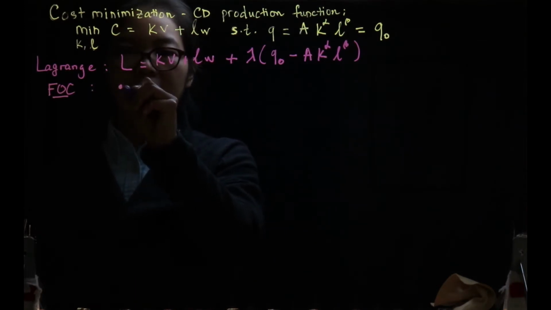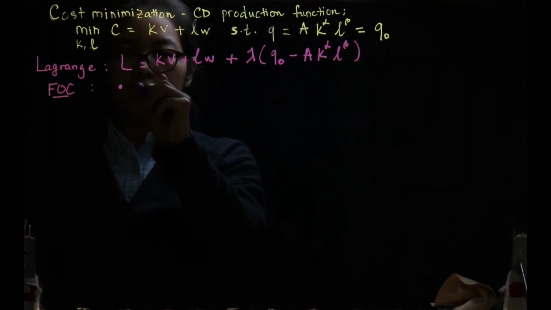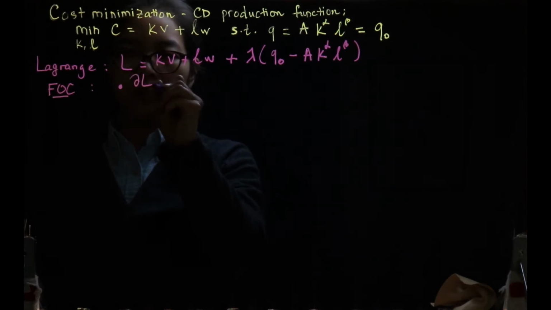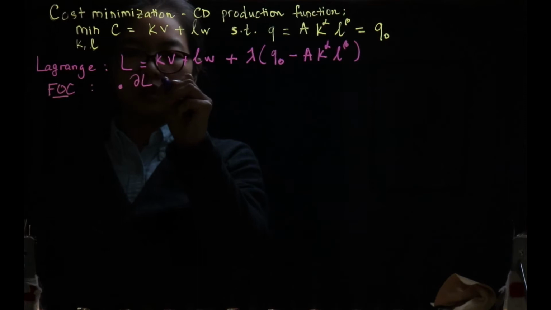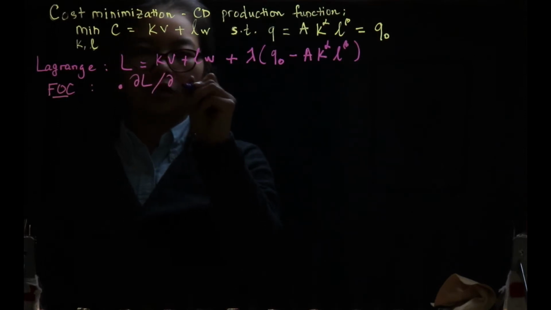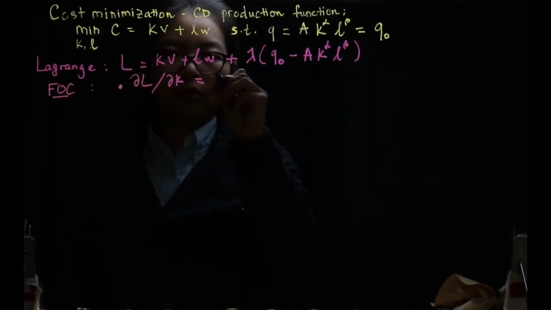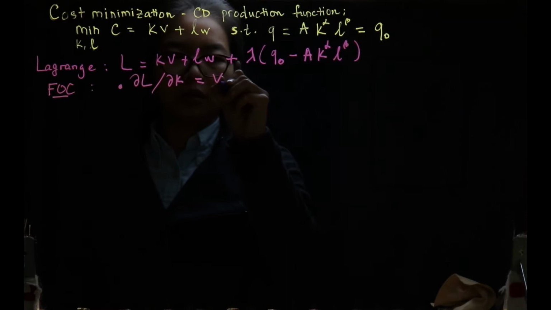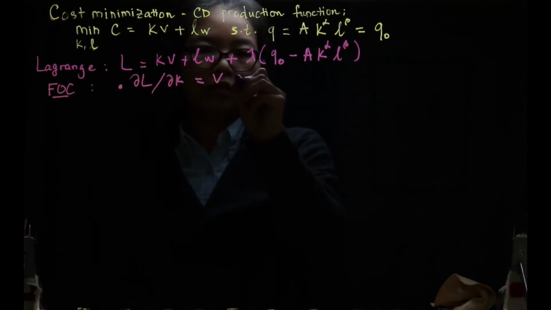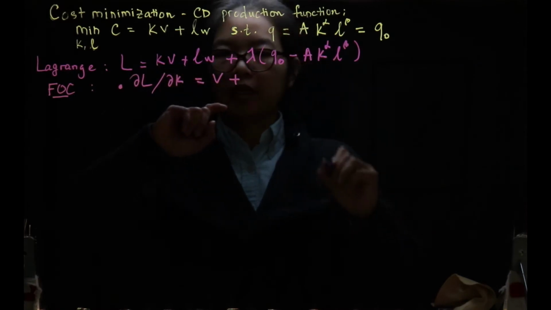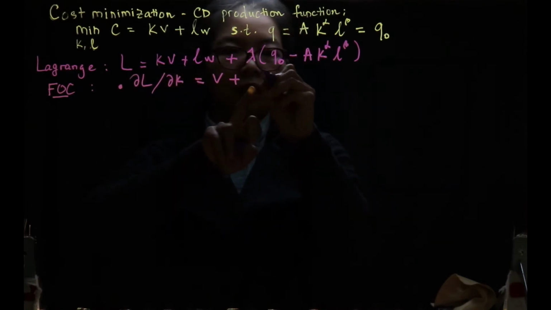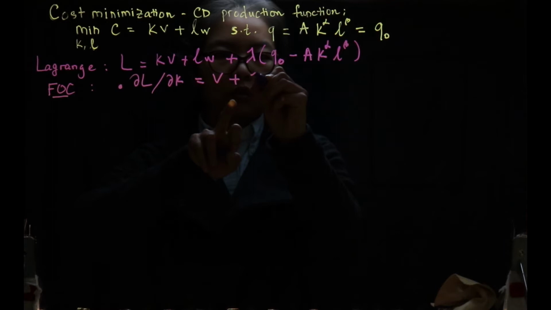So, the first order condition, the first one is the derivative of the Lagrange with respect to K equal. Here we have KV, so the derivative will be V, plus, here there's no K, it's gone, that comes to the constraint.